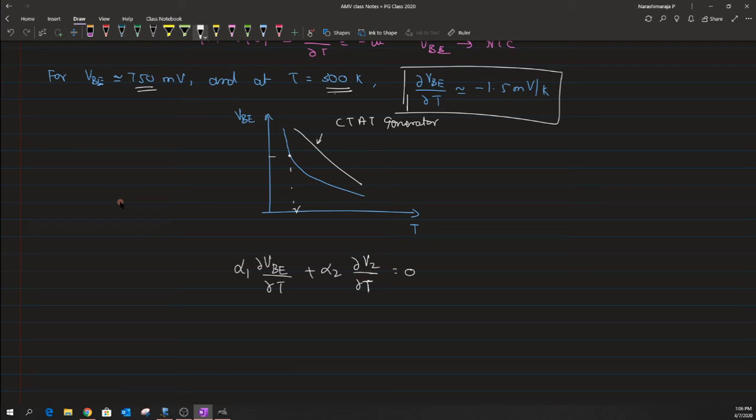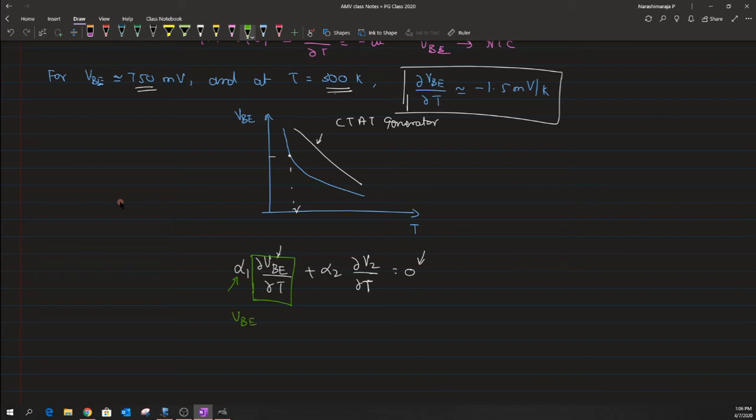When we combine these two quantities, we have to end up with a result of 0. Since this term is a function of a given temperature and the given value of VBE, it is not a constant quantity, and due to which the weighing factor also has to change depending on the given value of VBE.